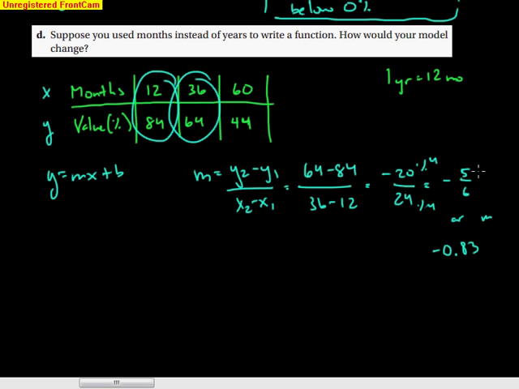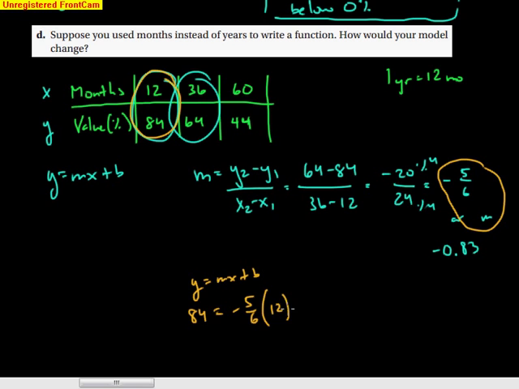So now I'm going to take this slope, and I'm going to use the first point and find my b value. Y equals mx plus b. Y is 84 equals m, negative 5/6 times 12, plus b. This 12 goes to the top only, so 84 equals negative 60 over 6 plus b.